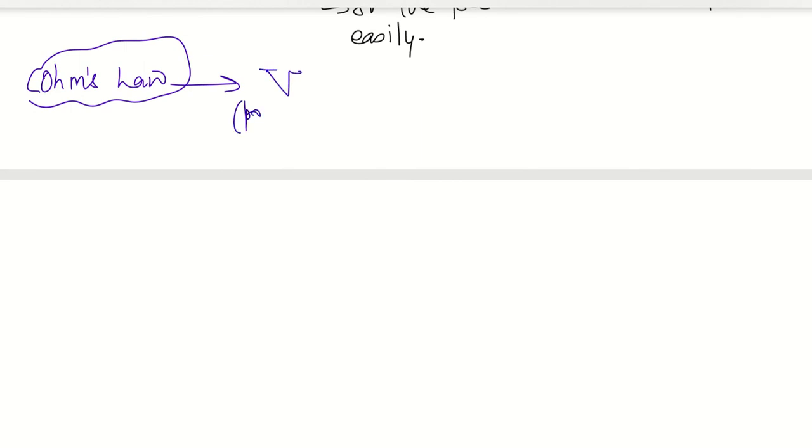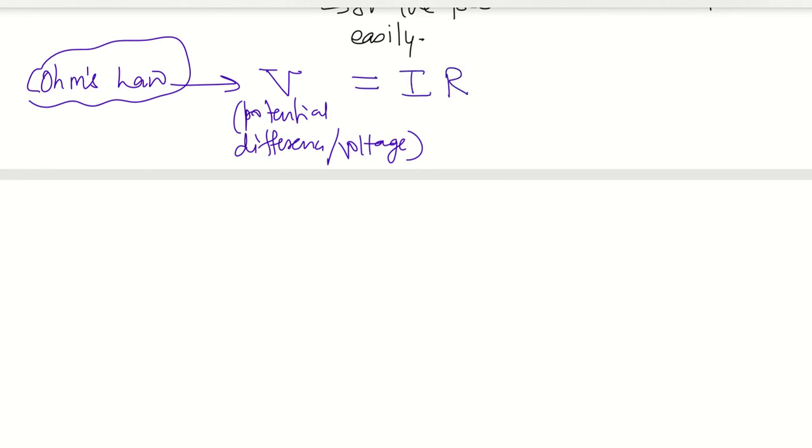This is known as Ohm's law. So if I talk about Ohm's law now, what Ohm found is that the potential difference, which is also known as voltage, is equal to IR.